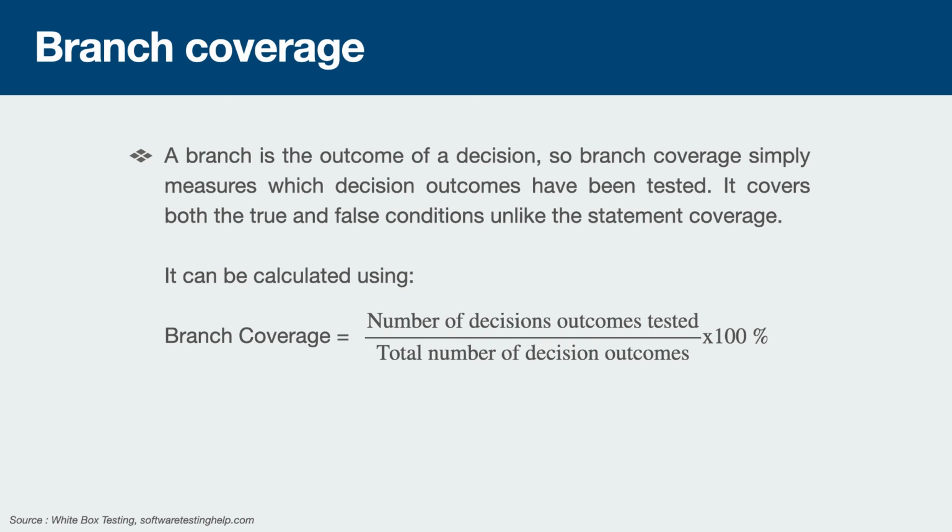Branch in a programming language is like the if statements. An if statement has two branches, true and false. So in branch coverage, which is also called decision coverage, we validate whether each branch is executed at least once. In case of an if statement, there will be two test conditions.